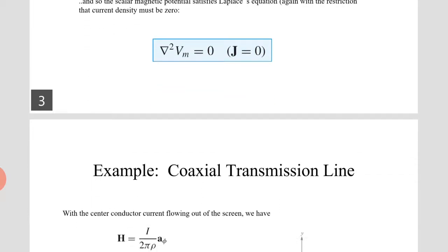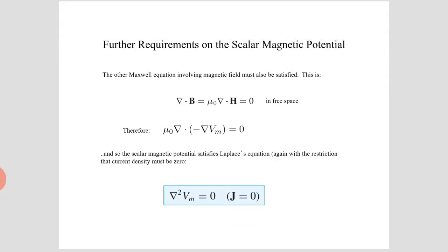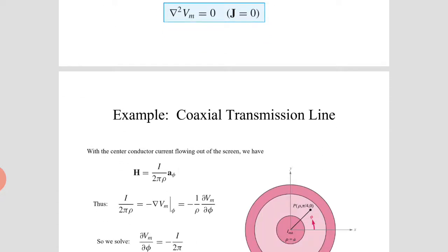Next we consider one example, that is the coaxial transmission line.